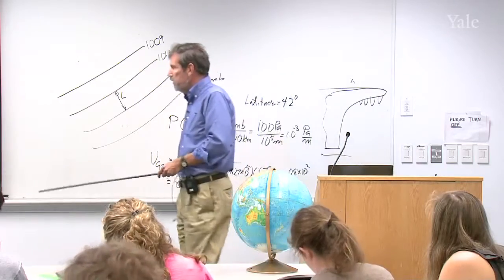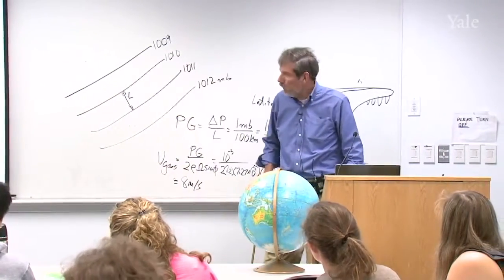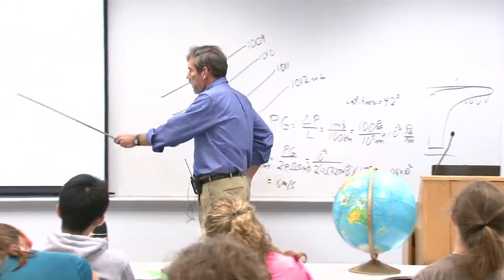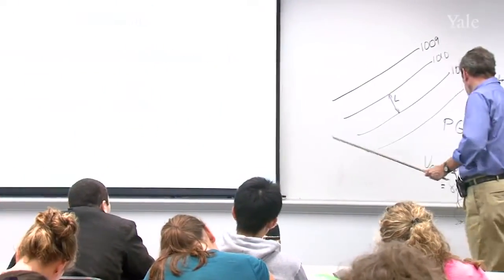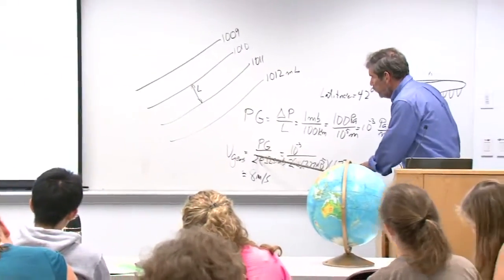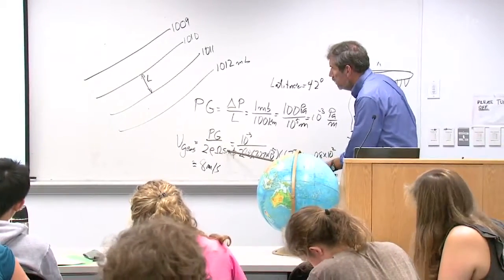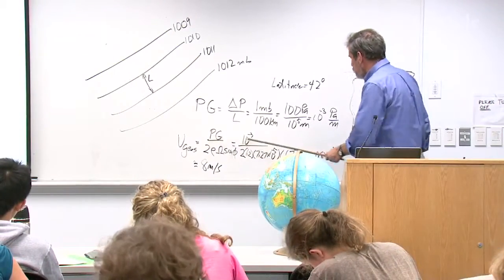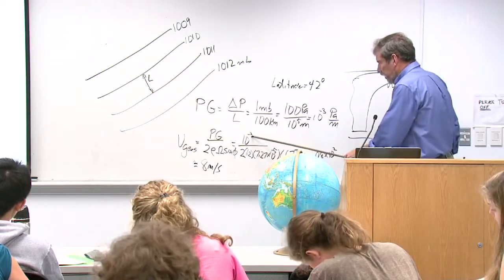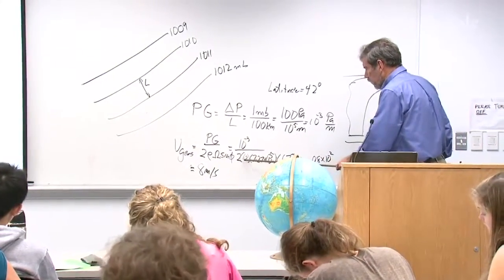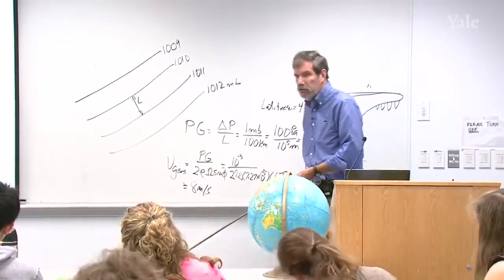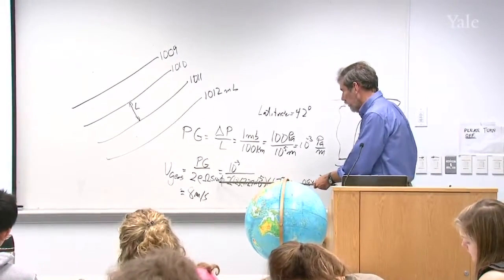Now I'm ready to plug it into the formula. Let's see if I've transcribed it right. Pressure gradient over 2 rho omega sine of the latitude. The pressure gradient we've decided is 10 to the minus 3. There comes the factor of 2. I'm going to use sea level density, 1.2 kilograms per cubic meter.